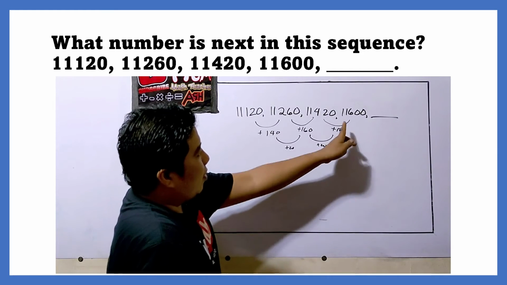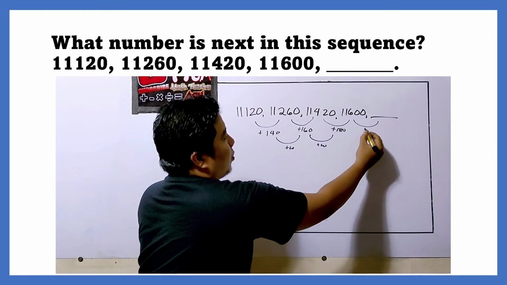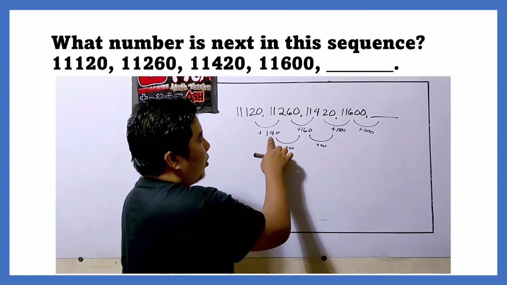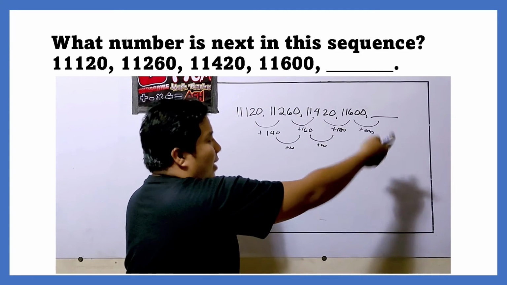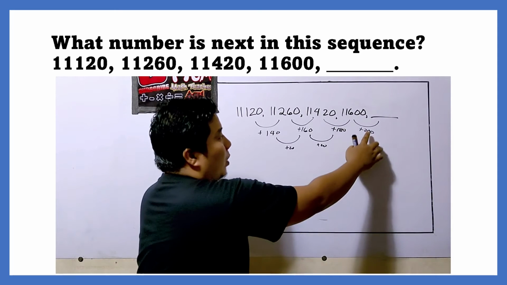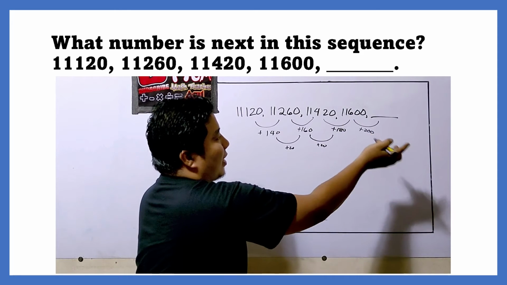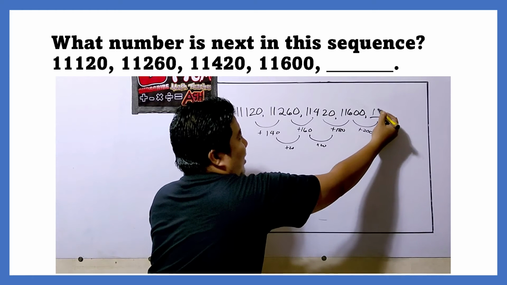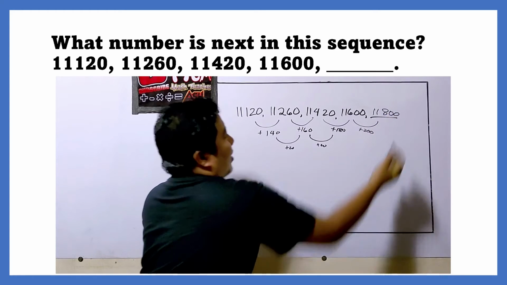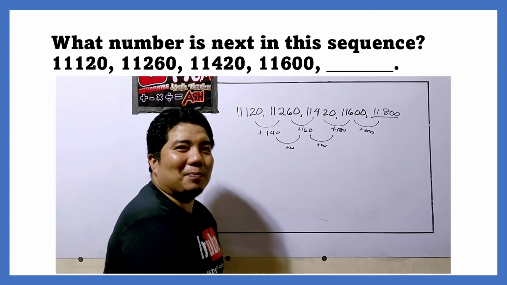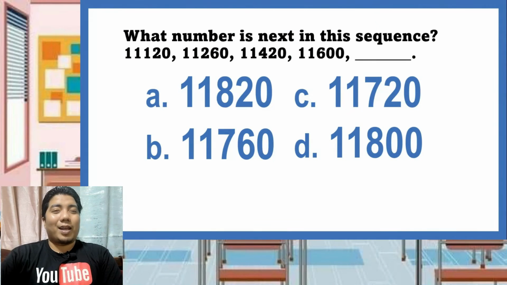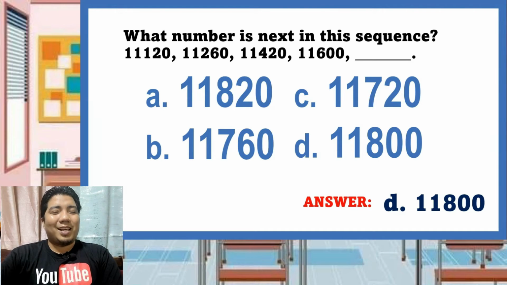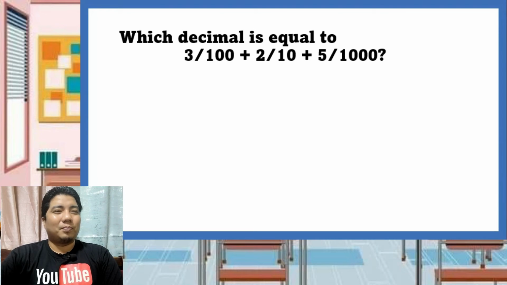So for the next number, we will use plus 200, because 140, 160, 180, the next term is 200. So 11,600 plus 200. Therefore, the answer is 11,800. Easy, right? And the correct answer is letter D, 11,800. Now, let us go to the next problem.